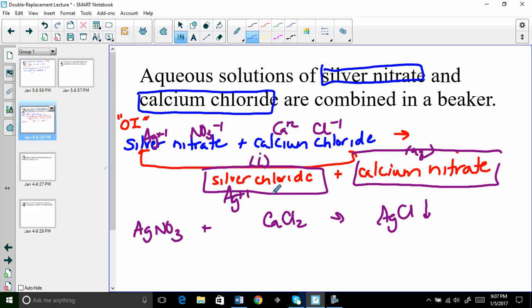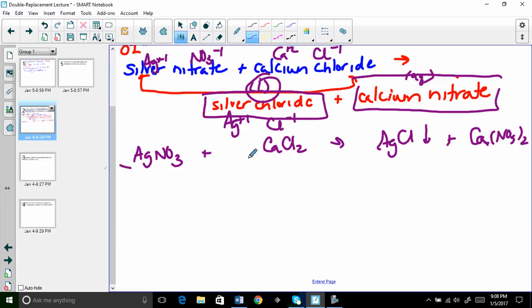This is silver +1. This is chloride -1. This tells me you check for precipitate. And then calcium nitrate is actually this because calcium is +2, but nitrate is -1. So you need two of them. Now to balance, let me put in my little lines. 1 silver, 1 silver, 1 nitrogen, 2 nitrogens because of the distributive law.